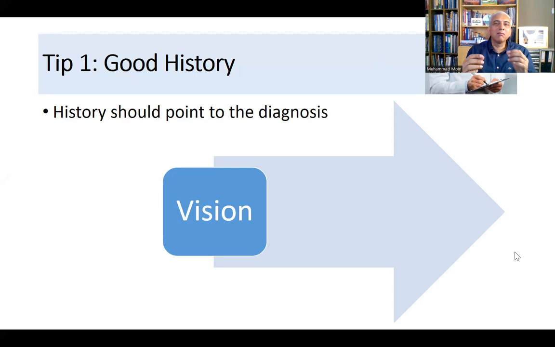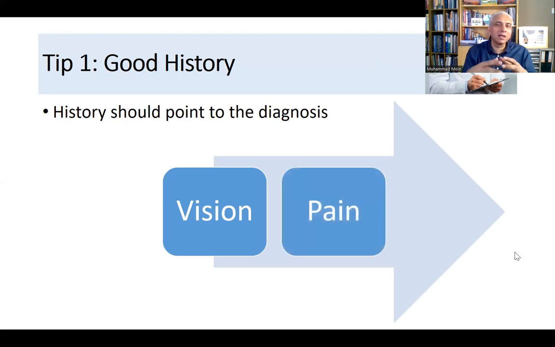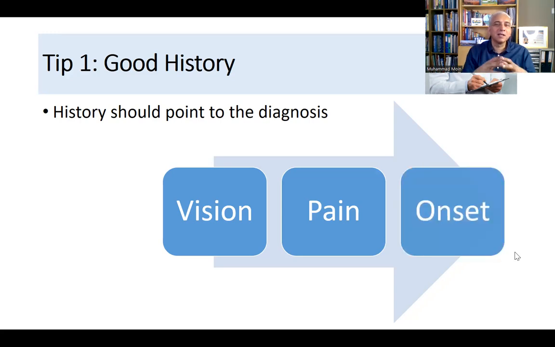Whenever you have one thing, you need to correlate it with another: is it a painful or a painless loss of vision? And the third most important thing is, what was the onset of this decrease in vision?